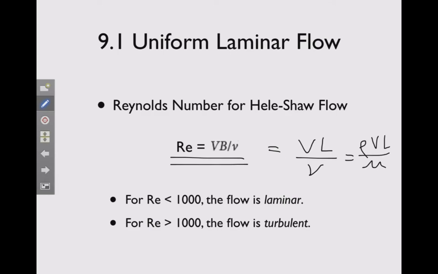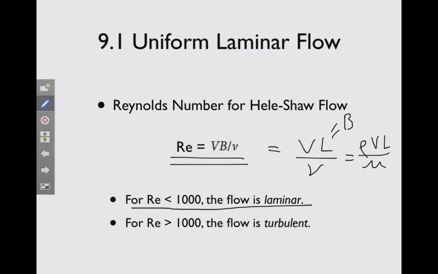In this case, L, the characteristic length of the Hele-Shaw flow, is not the diameter, but the distance between the two stationary plates. So these Hele-Shaw flow equations are going to apply when the Reynolds number is less than 1,000. That's basically what laminar flow is.